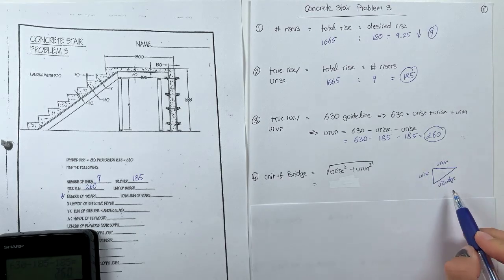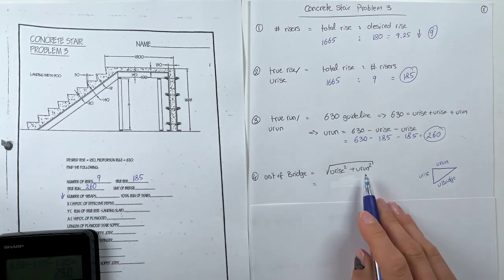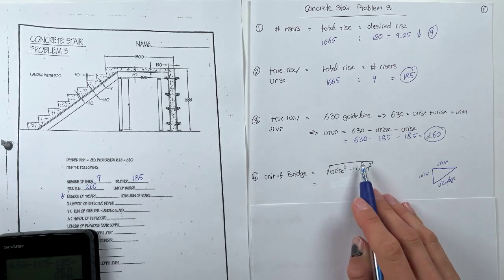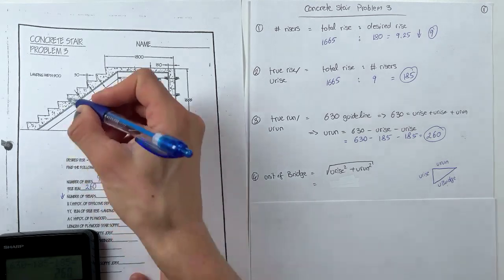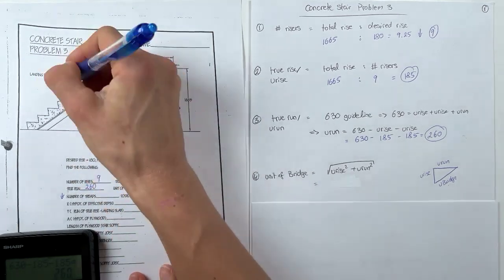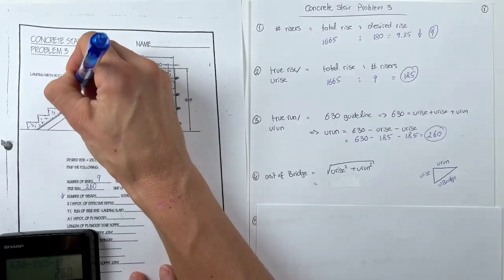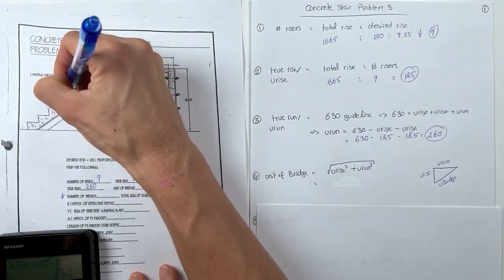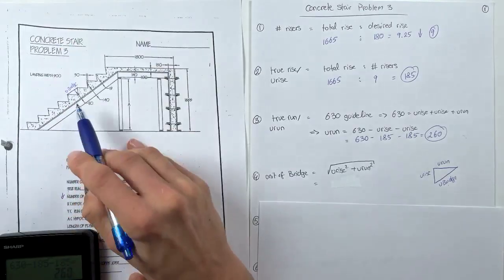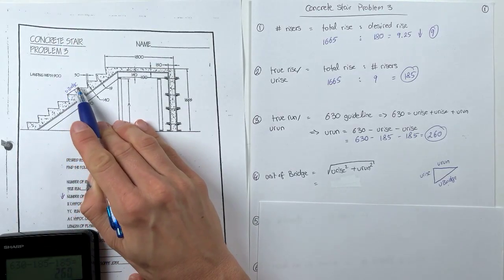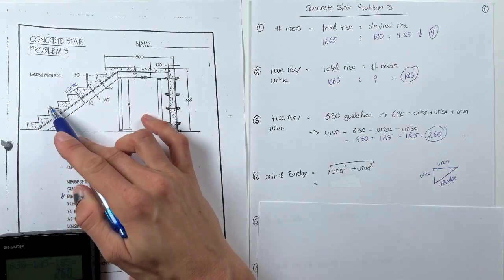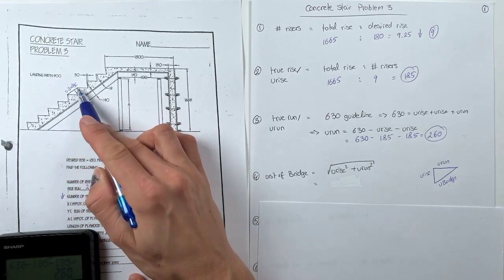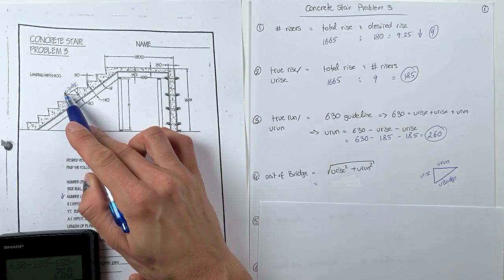So a squared plus b squared equals c squared. Unit rise squared plus unit run squared, take the square root will get us the unit bridge. And the unit bridge is part of the nosing line. Right here, I'll draw it in right here. It's just a portion of the nosing line that goes all the way down, touching all the nosings. And that is the unit bridge from a unit rise and unit run triangle.